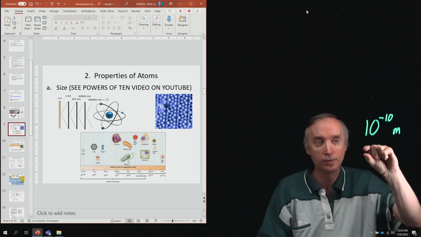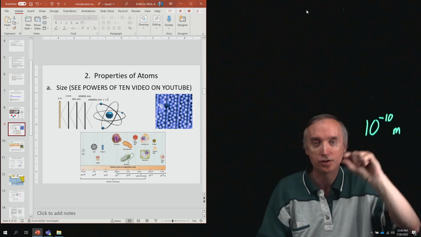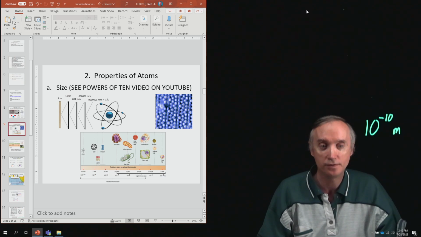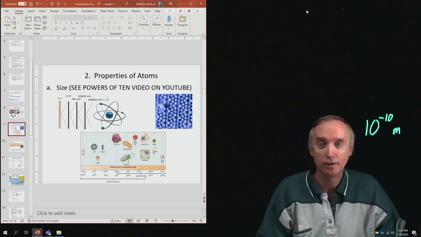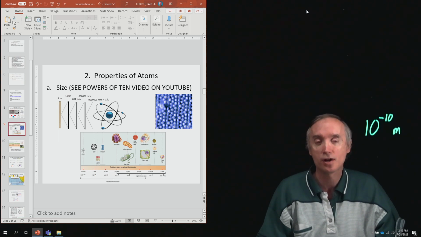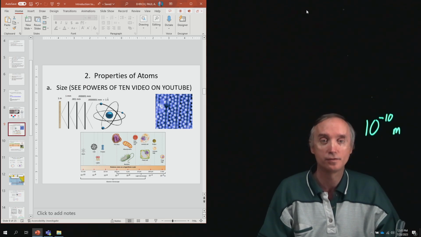Those little pieces would be the millimeters. Now imagine taking a millimeter and chopping it up into 1,000 pieces, then taking one of those and chopping it up into 1,000 pieces, and then taking one of those and chopping it up into 10 pieces. Then each of those little tiny pieces would be the size of an atom.